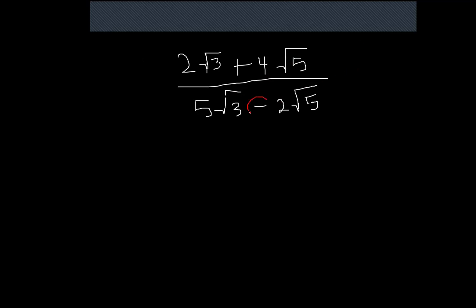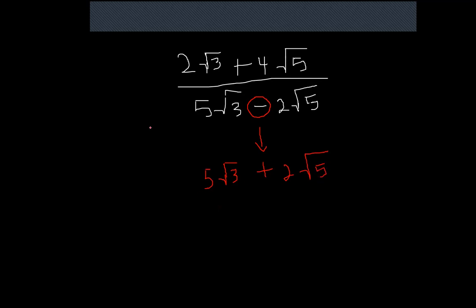To find the conjugate, all you have to do is switch this sign. So I see a negative here. Instead, I'll put a positive, and vice versa. If I had 5 root 3 plus 2 root 5, I would change that to a minus sign. Since it's minus here, it would become plus. I just put back the two terms. This would be my conjugate.